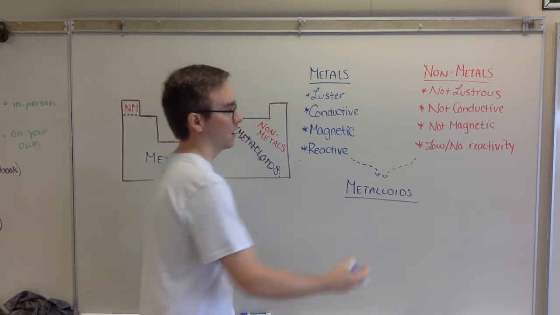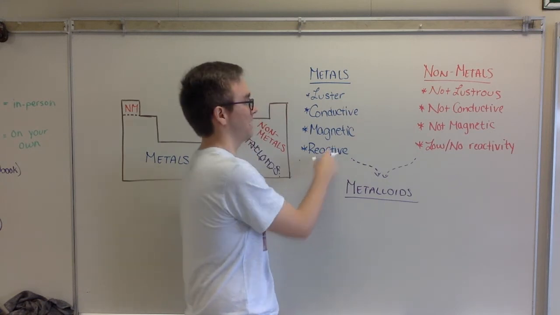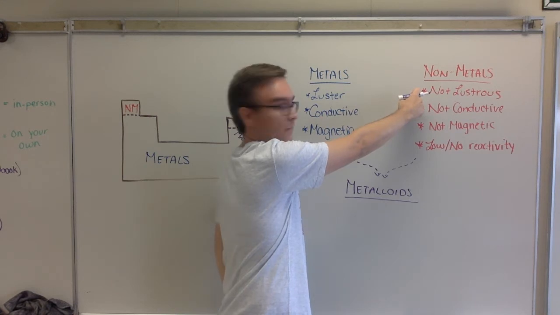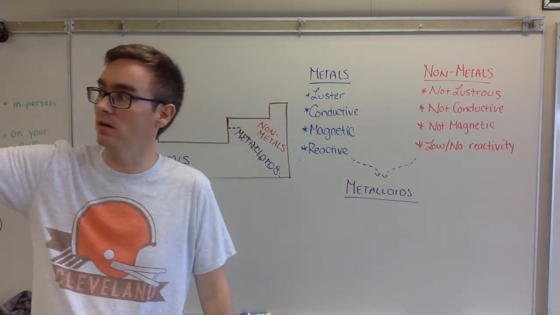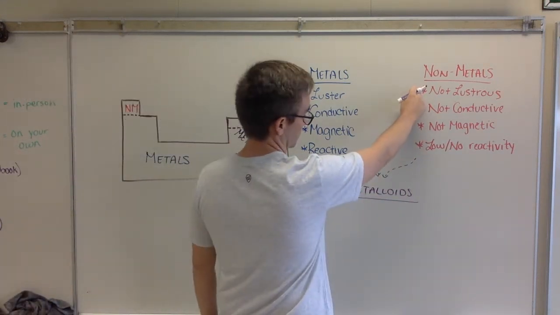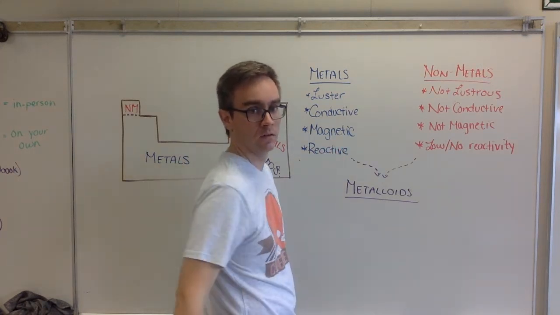Some metalloids are not magnetic, but they are reactive. They might be conductive, but not lustrous. There's lots of examples of the ones that go along there. Polonium is not lustrous, but it is reactive. It's a very heavy metal.